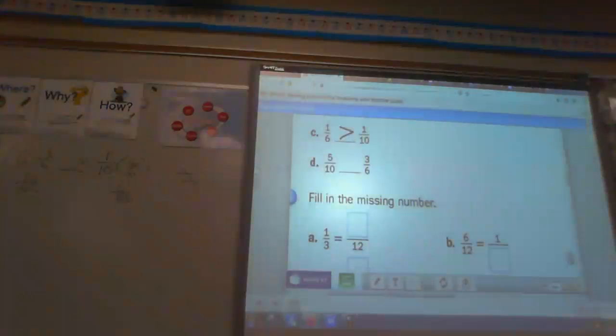Okay, so now on this one, I'm going to leave this up for an example, okay? Now I want you to compare 5/10 and 3/6. Isn't it kind of the same process then? Yeah. Use what I did to compare this. It's either greater than, less than, or equal. I'm going to give you a couple minutes. The key here is to multiply.